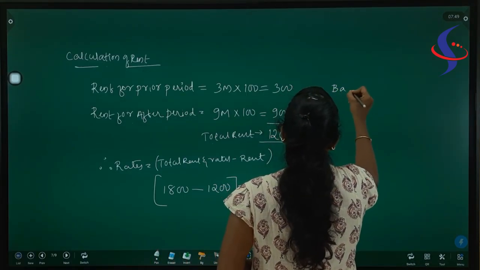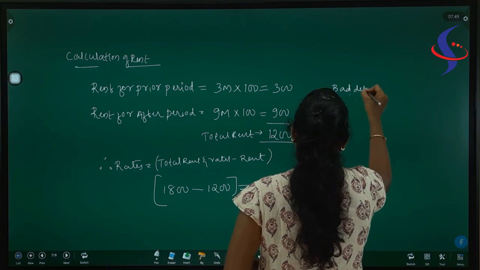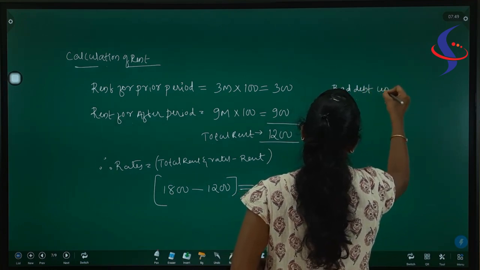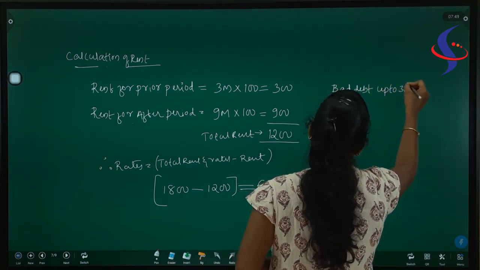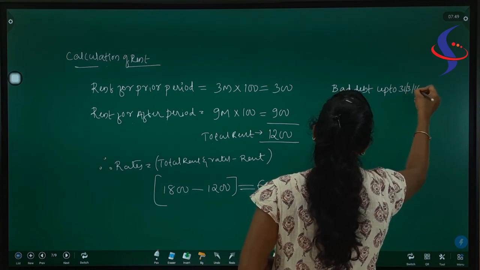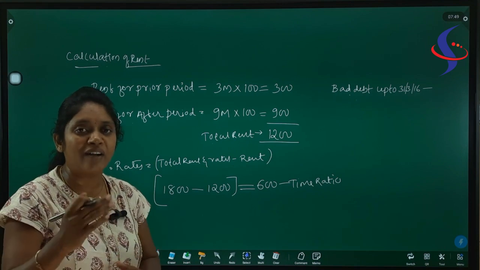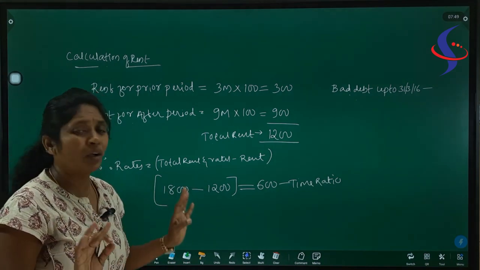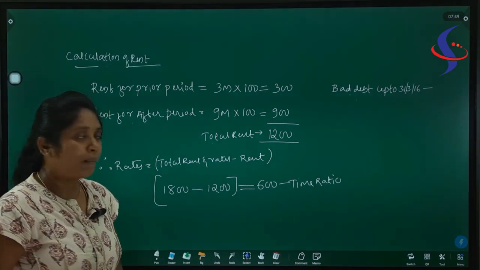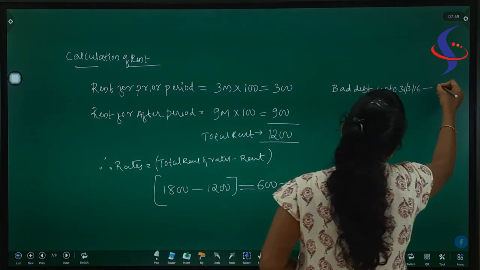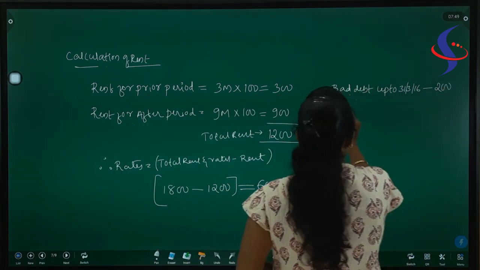Bad debt up to 31st March 16 is nothing but whatever bad debt they have given in the adjustment, that is the bad debt for the prior period. Here there is no need to calculate, it was already given. So prior period bad debt is 200. And what about bad debt?